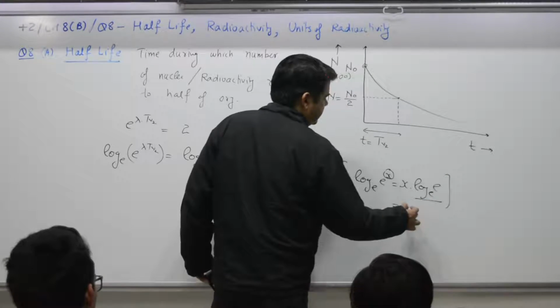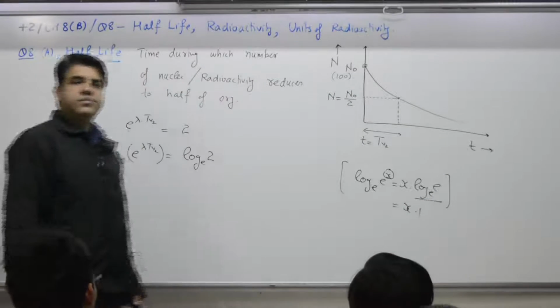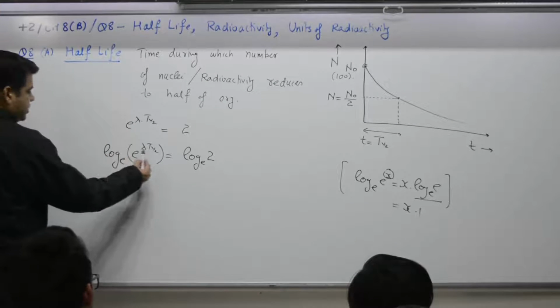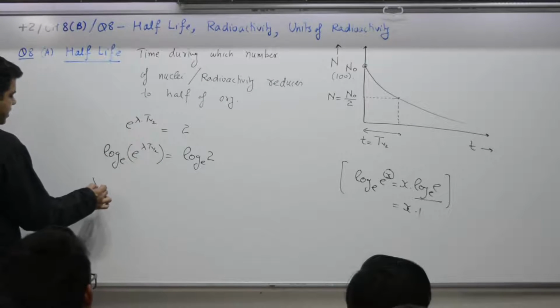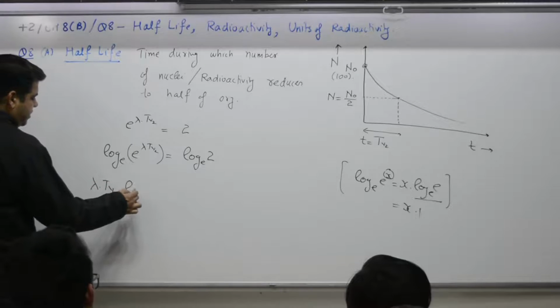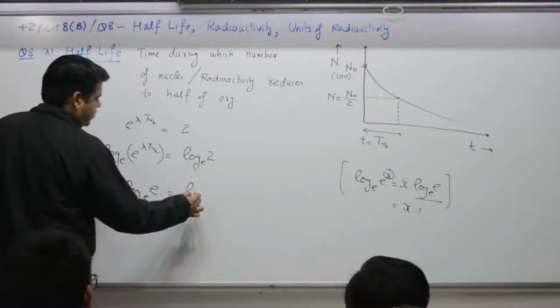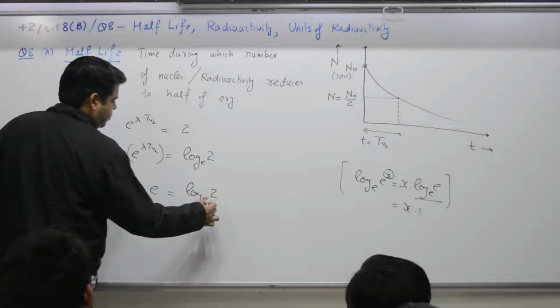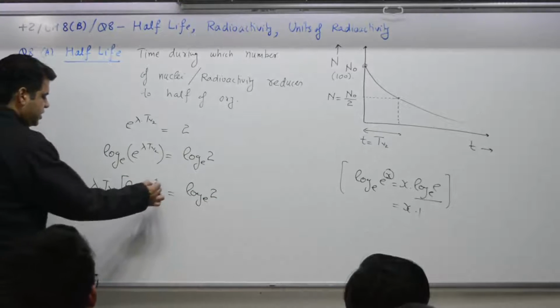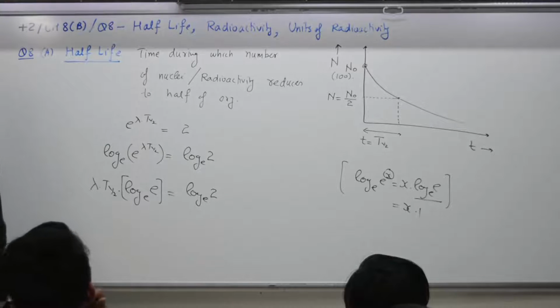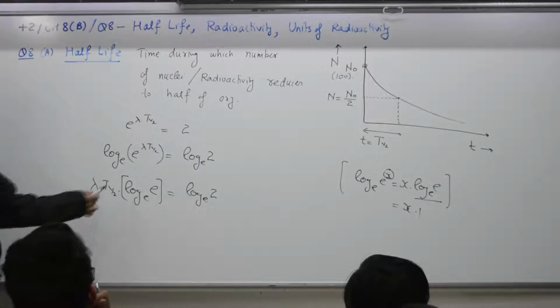Log of e to the base e is what? 1. So you can shift this power: lambda T half times log of e to the base e is equal to log of 2 to the base e. This value, log of e to the base e, is 1.